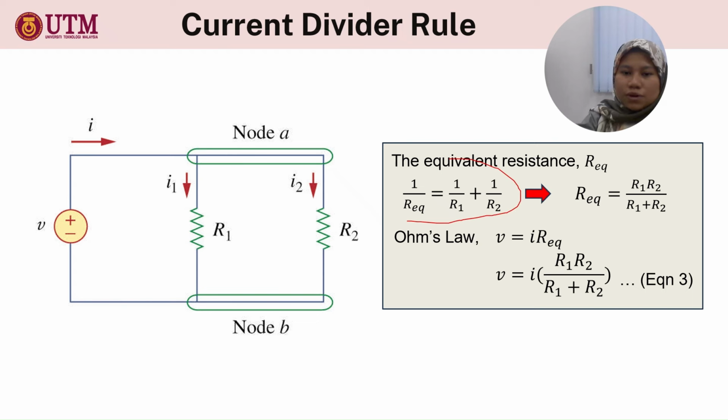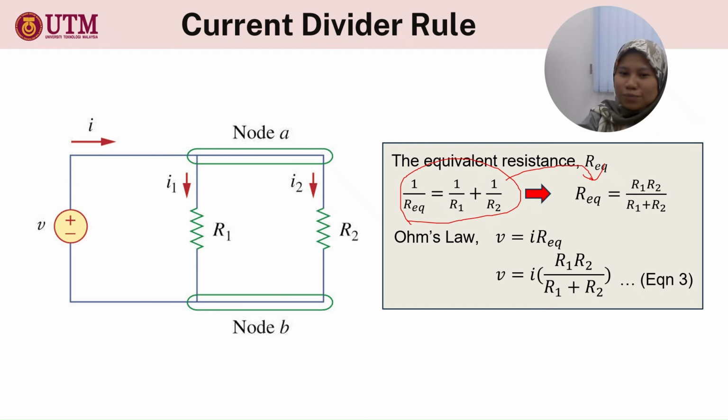We are using this equation and we rearrange it, we get this equation. You might ask how. You need to check your mathematics again. How do you make the denominator the same?